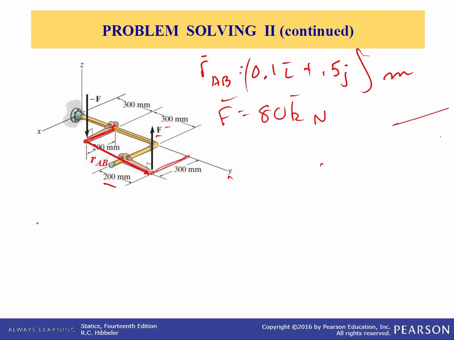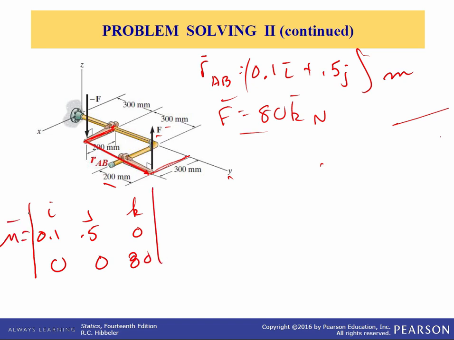So let's set up our matrix to do the cross product. So it would be the i, j, k. Next is the r vector, which is 0.1, 0.5, and 0. And next is the force vector Cartesian components 0, 0, 80.